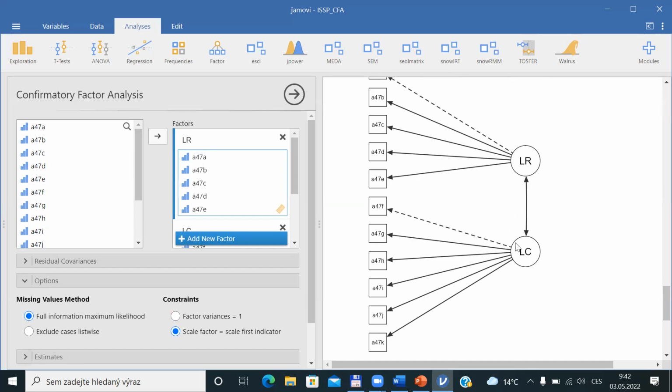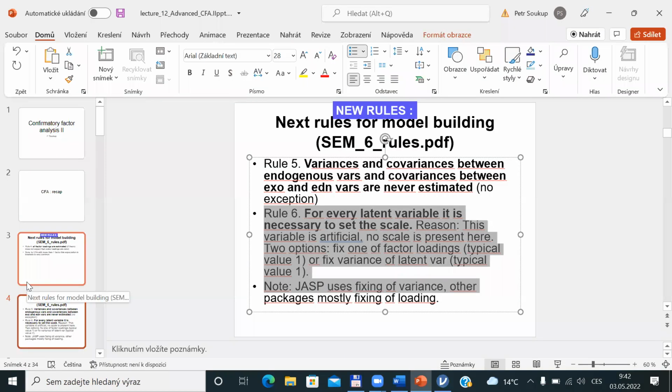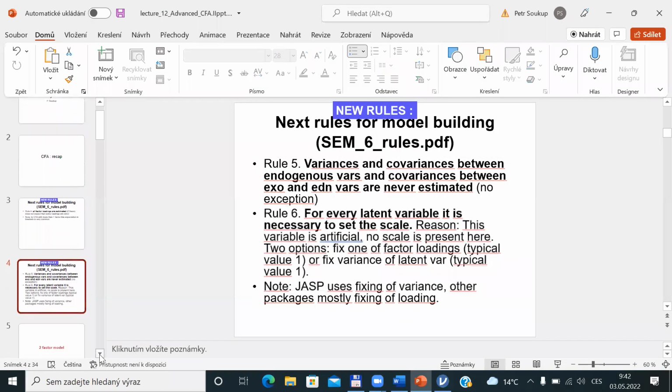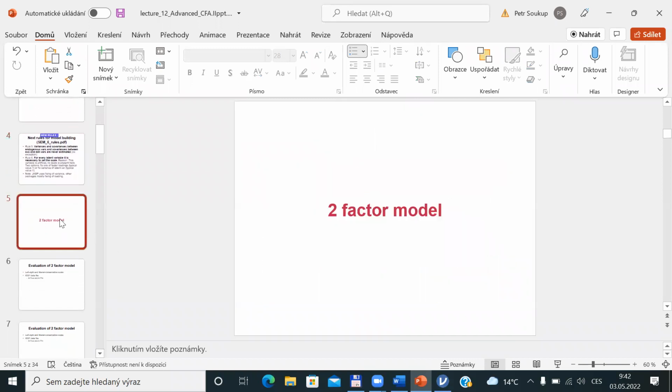So that's an alternative way of setting up the scale of latent variables. I would say this is the most common setting for the scale of a latent variable, so that's why we changed the default in Jamovi. So these are the rules, or at least rules number 4, 5, and 6, for CFA.